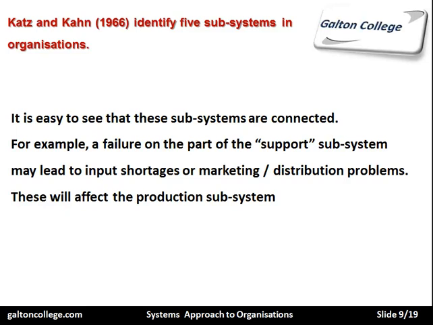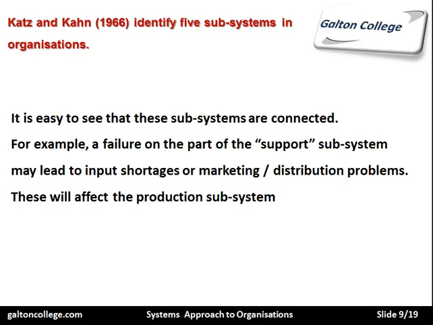A failure in the marketing subsystem to identify customer requirements may lead to a lot of wasted resources in new product development. Perhaps if the marketing research was wrong, then it could lead to a waste of resources in the development of products which are not appropriate for that particular market segment.